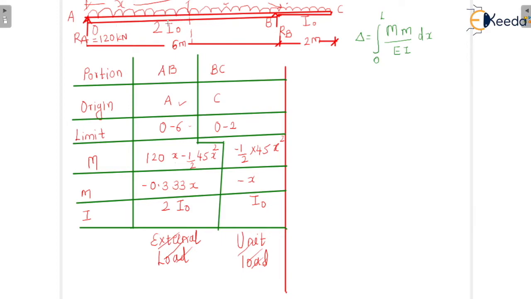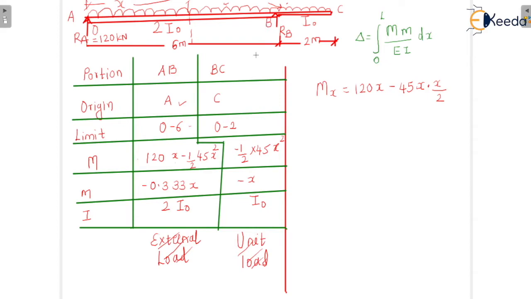So this will be our equation. So the moment at any portion X is 120 into X minus 45 into x by 2, because we are considering the UDL only in this portion. This will be our moment equation, but this X is varying from 0 to 6.